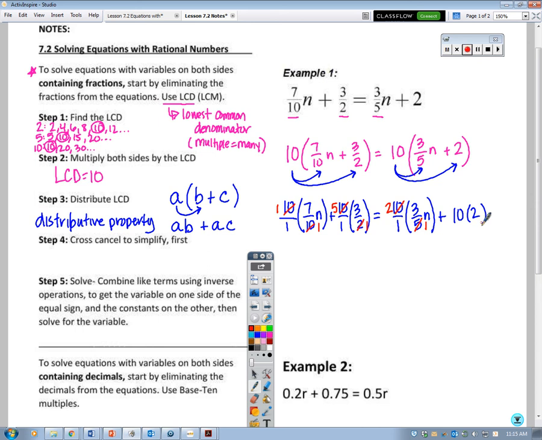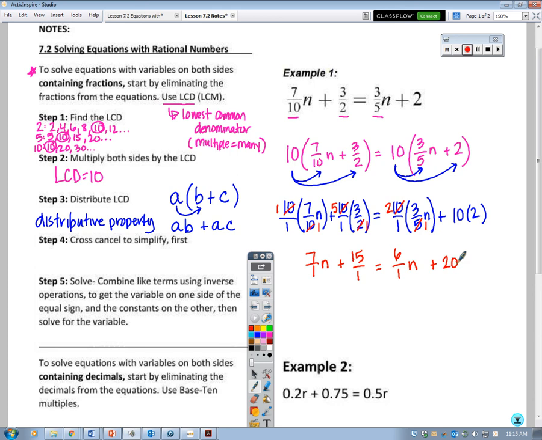So now that I've cross canceled, I'm going to just rewrite this so it's simplified. So I've got, this is 1 over 1, right? So 1 times 7 over 1 n, plus 5 over 1 times 3 over 1, so 5 times 3 is 15 over 1, equals 2 over 1 times 3 over 1n, so 2 times 3 is 6 over 1n, plus 10 times 2, which is 20.